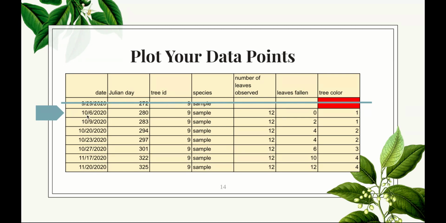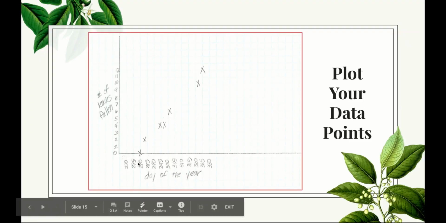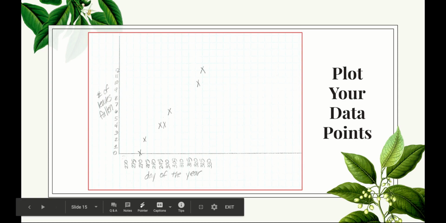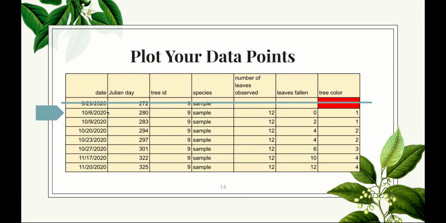So you're going to start with October 6th, 2020, Julian Day 280. And you're going to, on your graph paper, find Julian Day 280 on your x-axis. And once you find that, you'll have to go back to your data table and see how many leaves had fallen on that day. So on October 6th, day 280, 0 leaves had fallen from my tree.